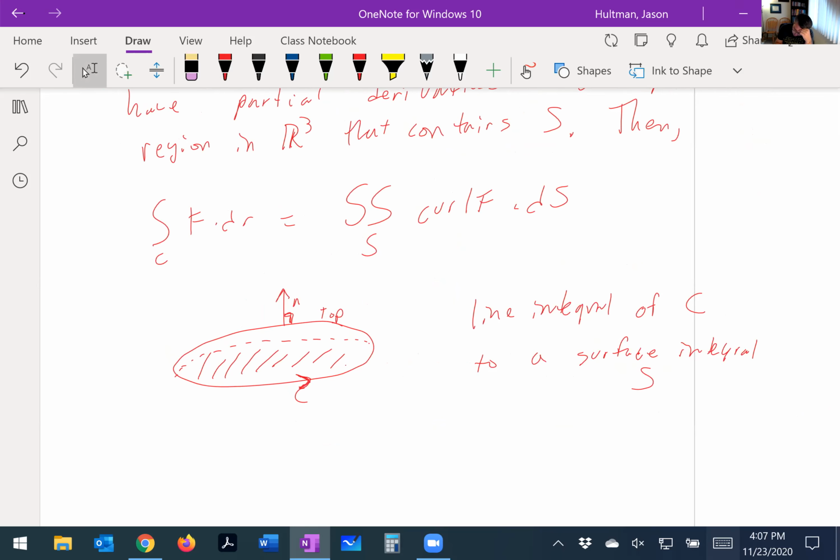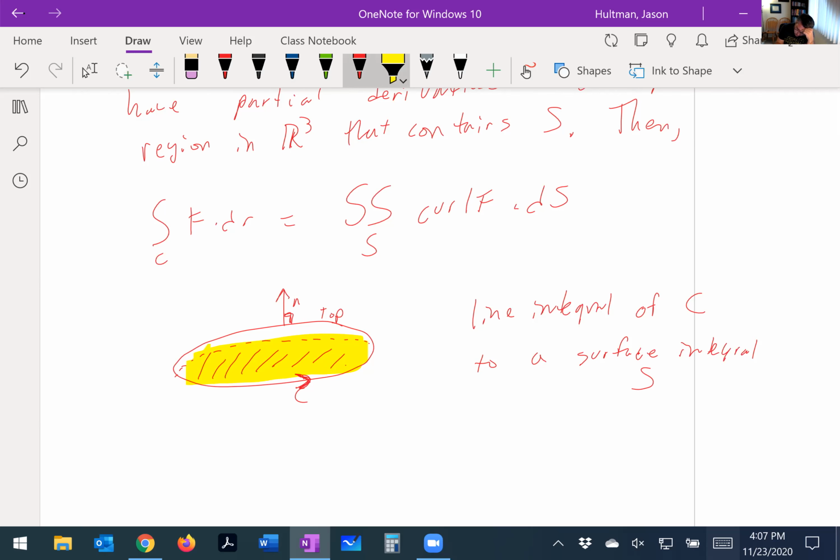So my surface integral, just think of this as a surface. It's kind of hard because we're going to be referencing the line integral. It's hard to get a good picture here. So this would be the base, inside.